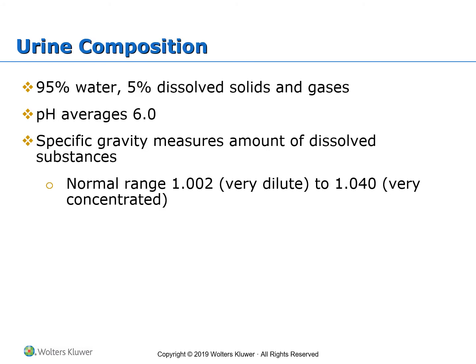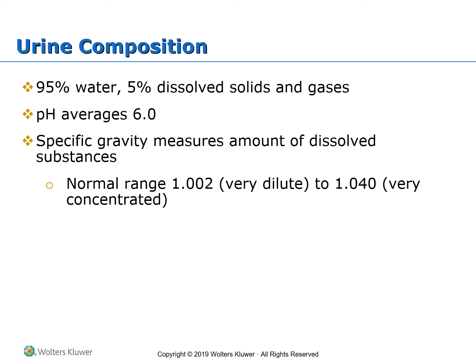Let's look now into the product. What is urine? Urine is a fluid that is yellowish. If we analyze it, we can see that it's 95% water and only 5% dissolved solids and some gases.